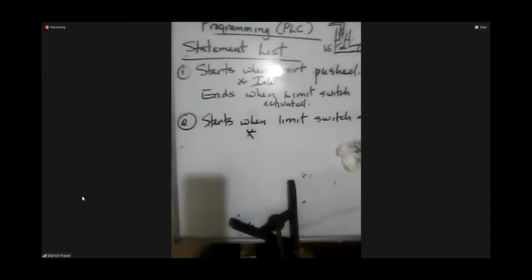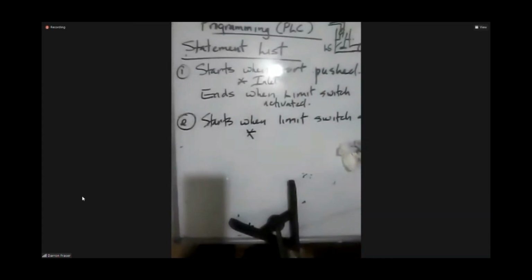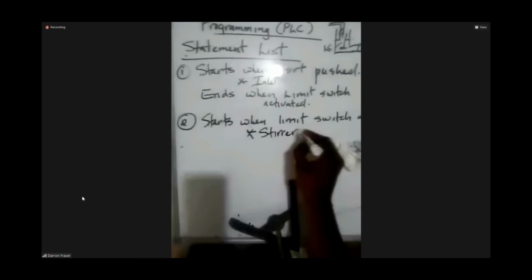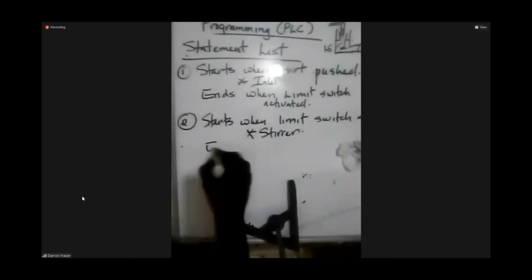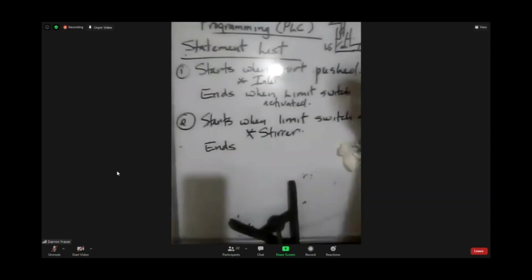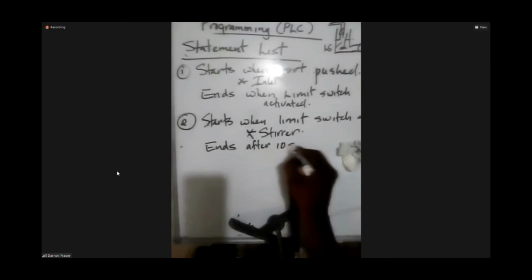When we reach the level limit, which one of these three is turned on? The stir. And it ends, we said the stir is going to turn on for 10 seconds. So we're going to put it ends after 10 seconds.